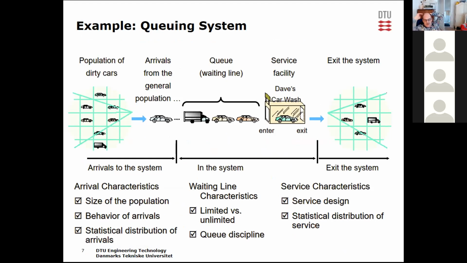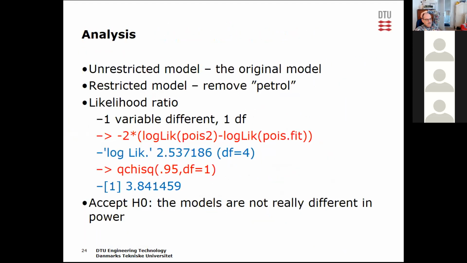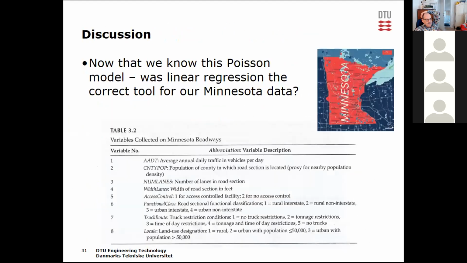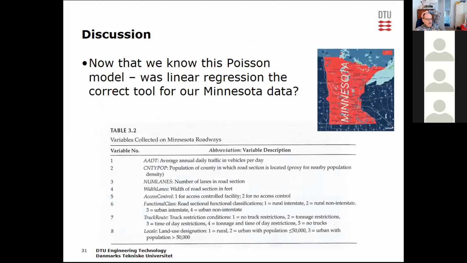And that Minnesota highway data is traffic flow. It's cars going by. So there's a big random factor involved in it, but it's textbook, right? By definition, it's a Poisson flow.